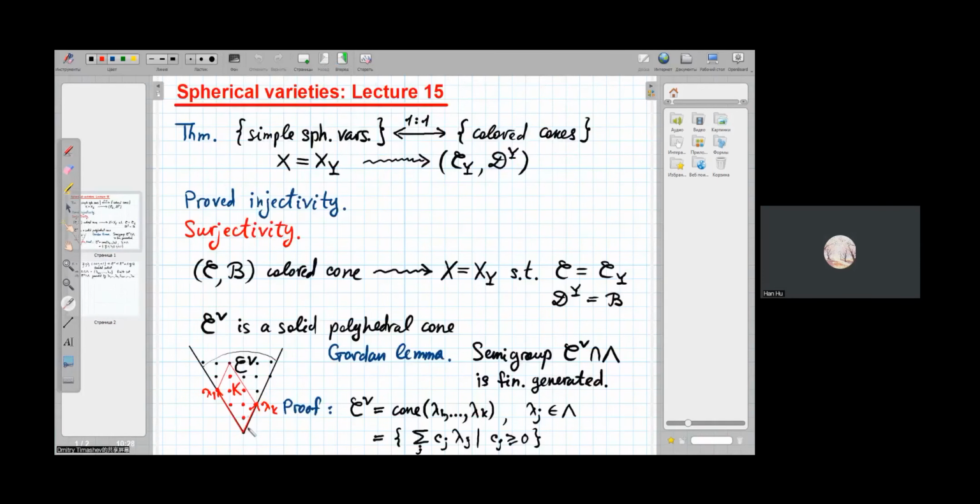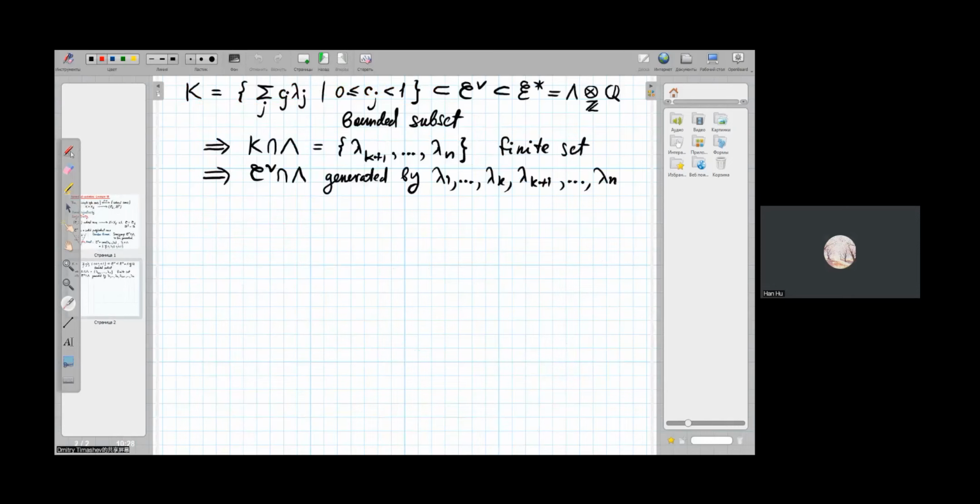Okay, and now I claim that the vectors marked by red dots are exactly the generators of this semigroup of lattice vectors in the cone. Okay, so this proves the Gordan lemma.